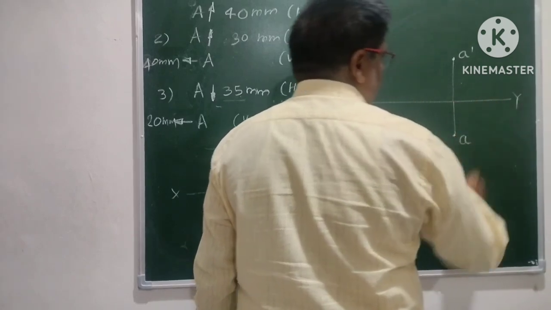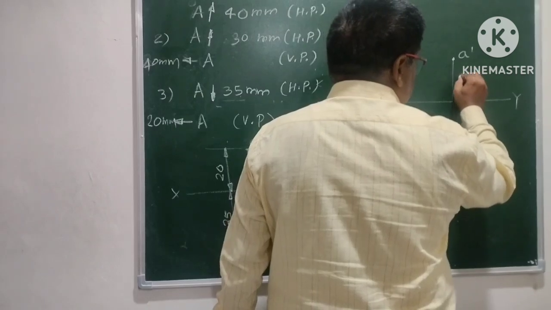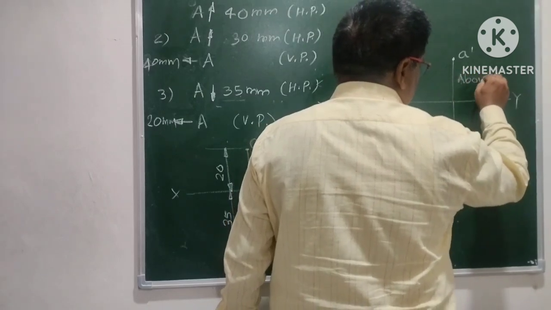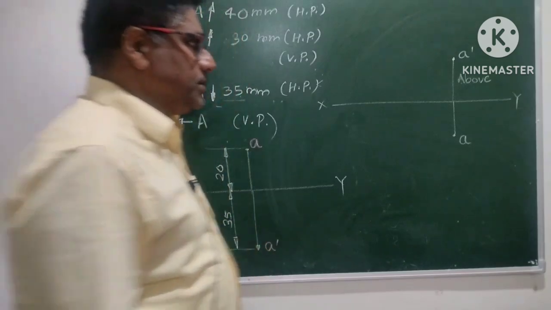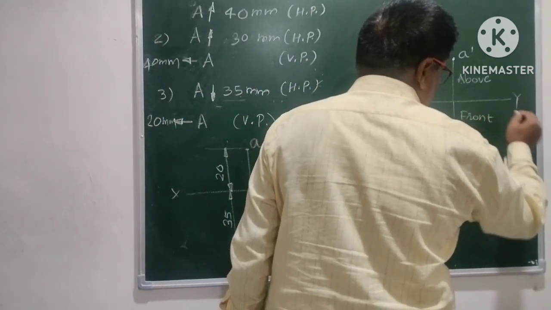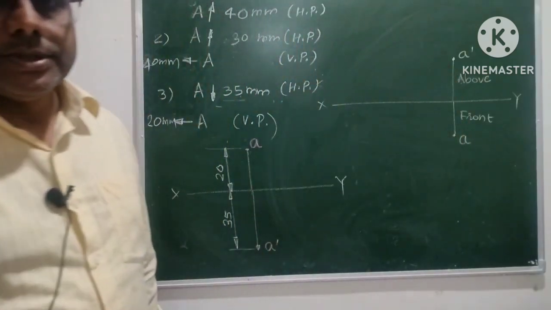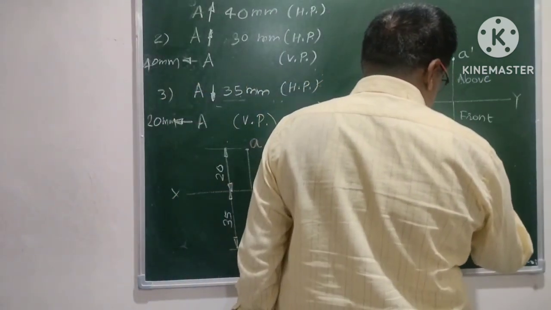It is A. See, the above distance should be taken here, and the front distance should be taken here. This concept is valid for the first quadrant.